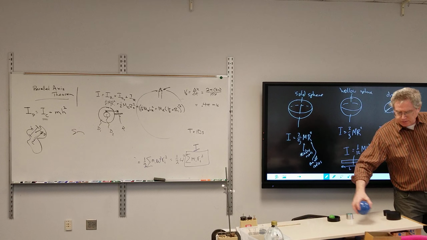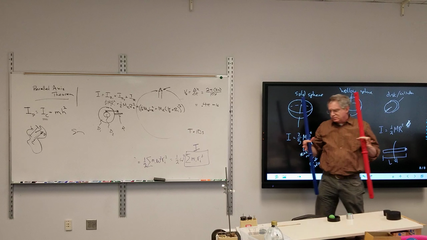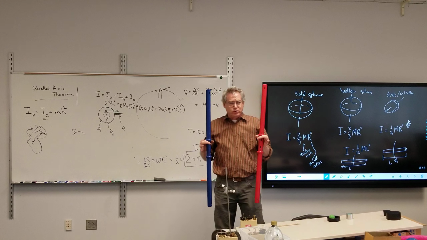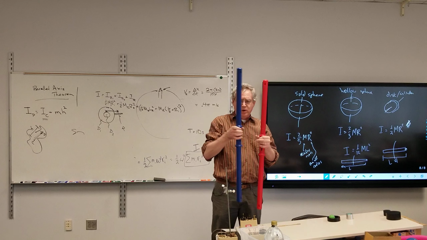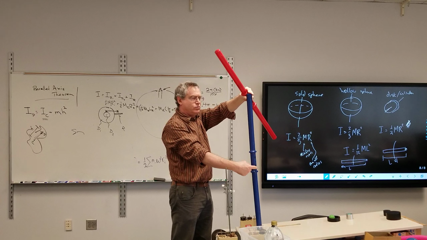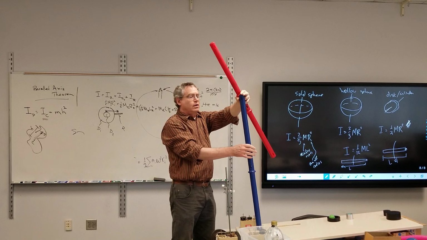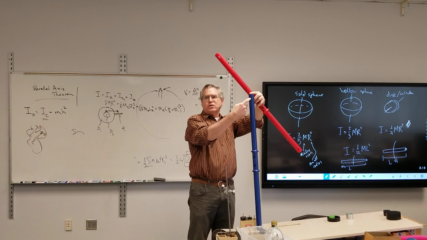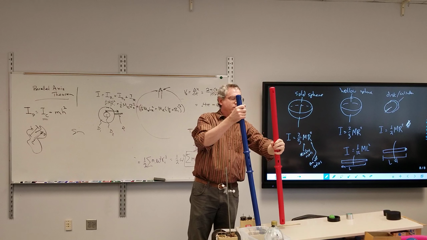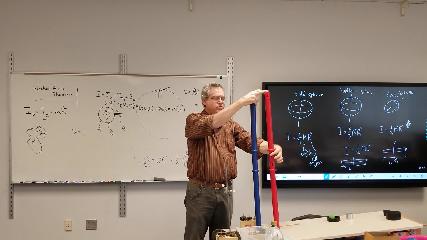We can also demonstrate moment of inertia with these two things. These have the exact same mass. The only difference is the distribution. On this one, hopefully you can see it, I got two holes here and it's empty all the way through. Up here, it's dark. The red stick, it's empty up here, but it's darkened down here.